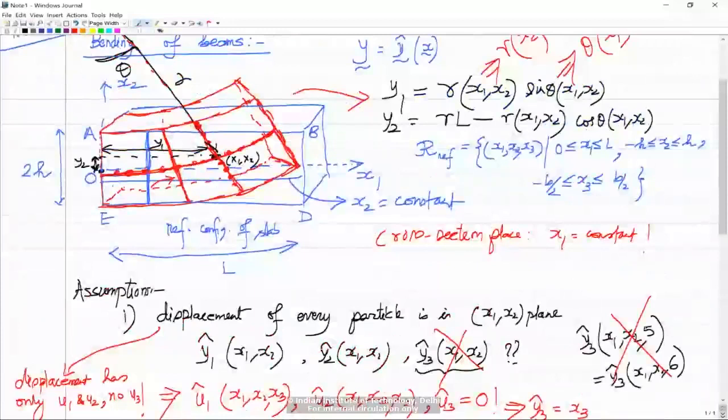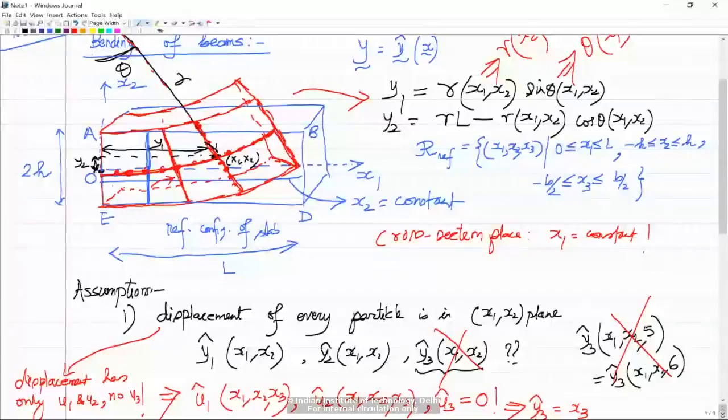Why would you say that there is no change? That assumption implies that the height, for example 2h, does not change when the beam bends. When you say that r is equal to r0 minus x2, then the height is still 2h.